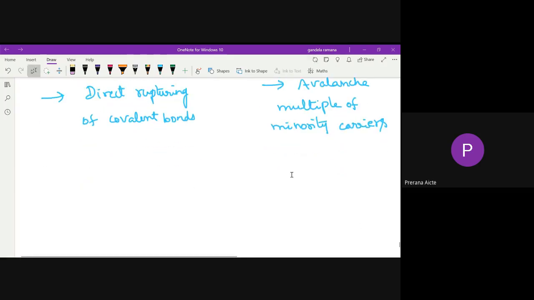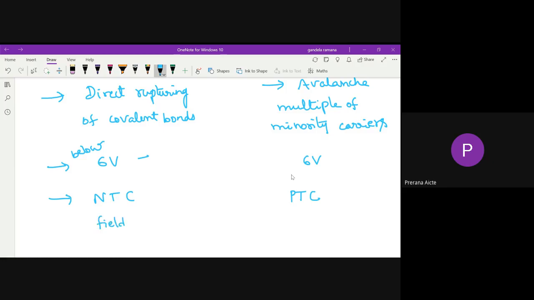So below 6 volts, Zener breakdown occurs. Above 6 volts, avalanche breakdown occurs. Zener has a negative temperature coefficient of resistance. Avalanche has a positive temperature coefficient of resistance. Zener breakdown is also called field ionization.